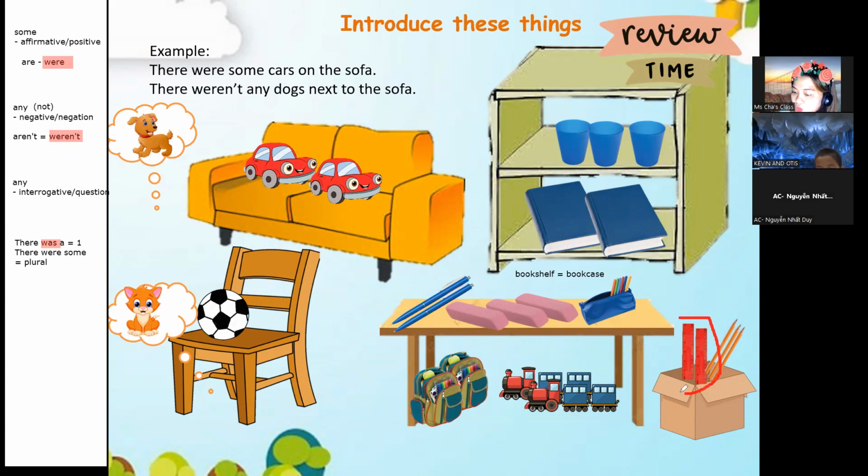How can you make a sentence? How many rulers are there? Two. Is that was or were?